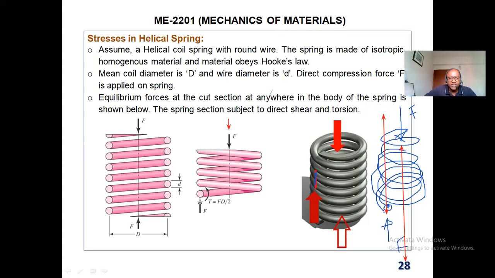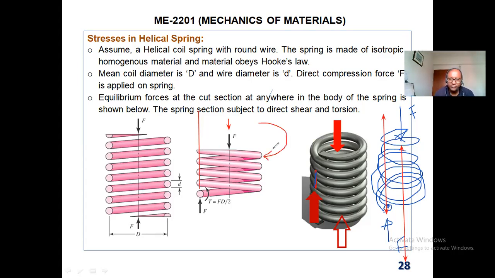So in the wire, there will be an upward force F. Now you see, the direction of F is working along this direction, right over here. That means he is pushing down, he is pushing up. So these two try to rotate the spring in the clockwise direction.